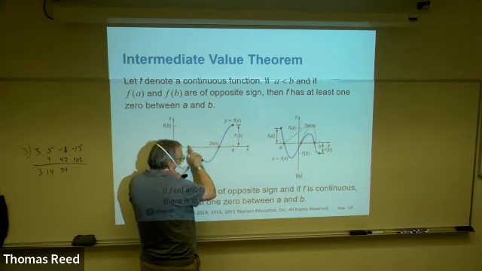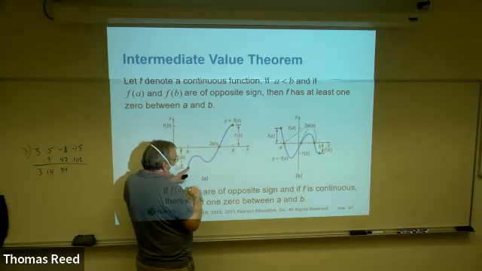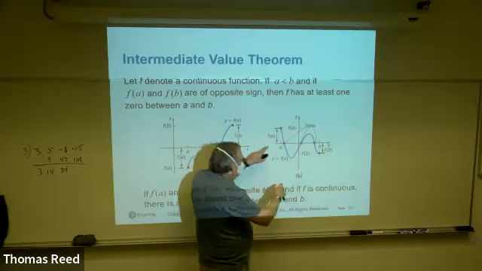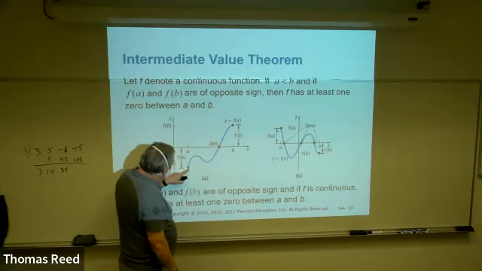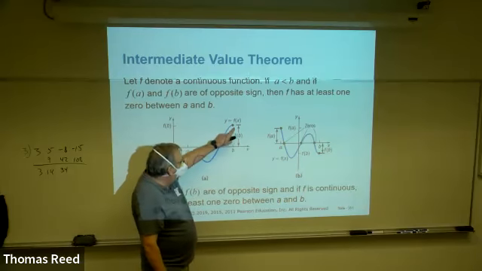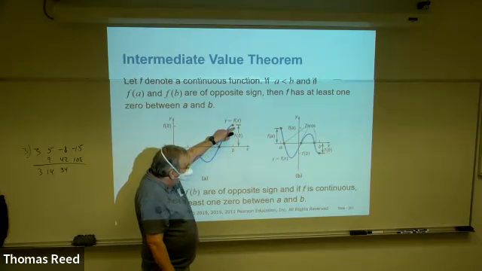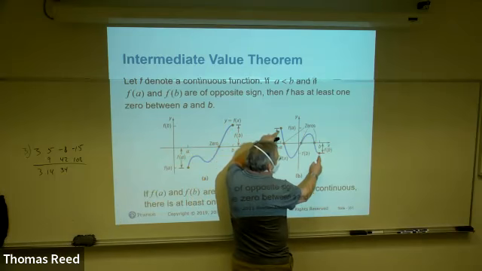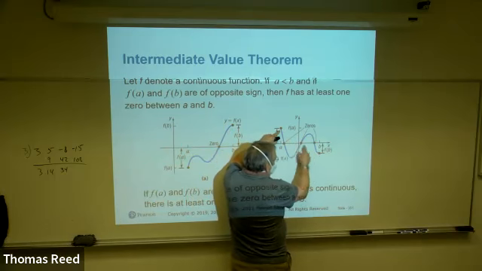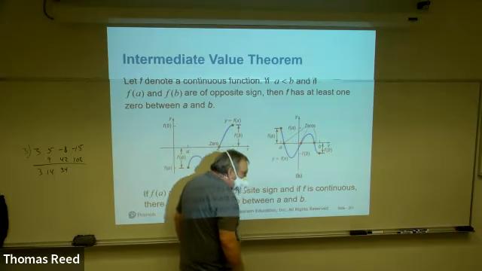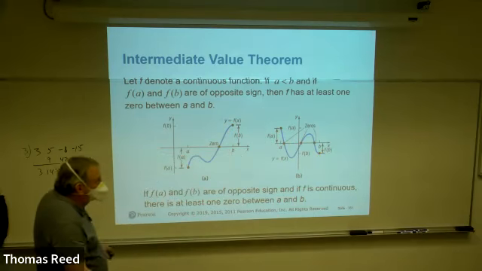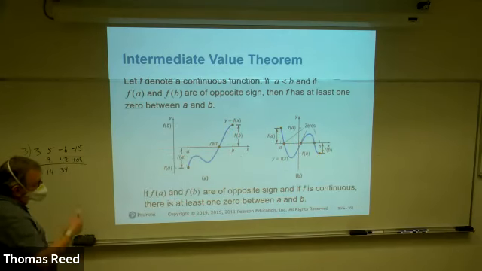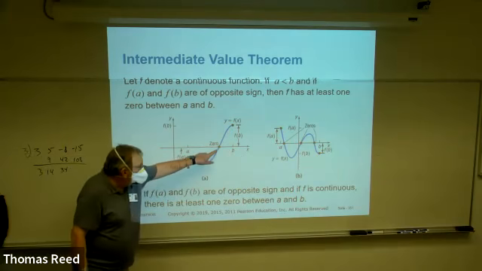That means I have to go across the x-axis. Here they show an example where f of A is negative and f of B is positive. And over here, f of A is positive and f of B is negative. Again, it has to cross the x-axis somewhere along the line at least once. You can have multiple zeros, such as the second example, but you have to have at least 1 zero.